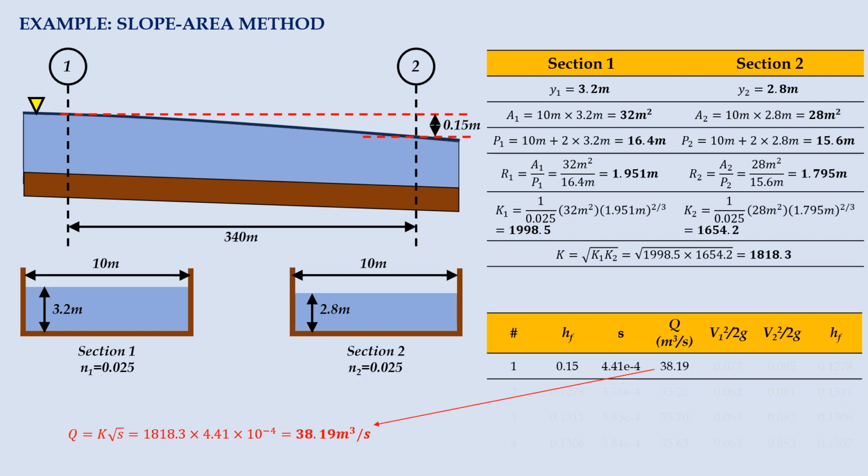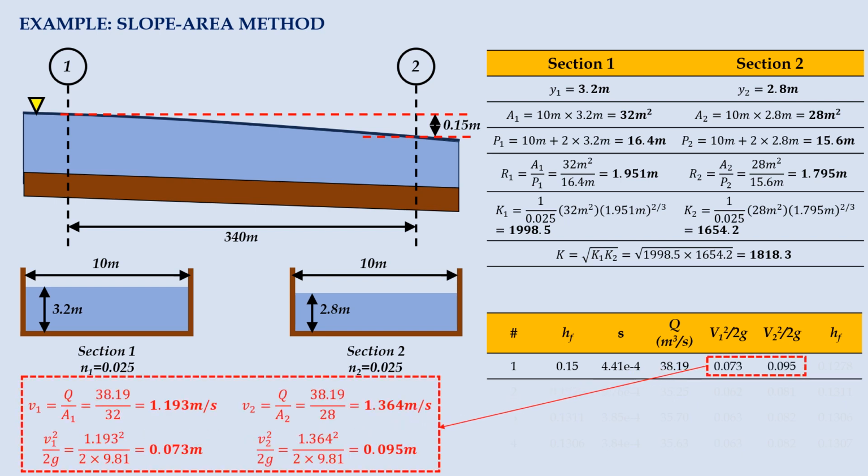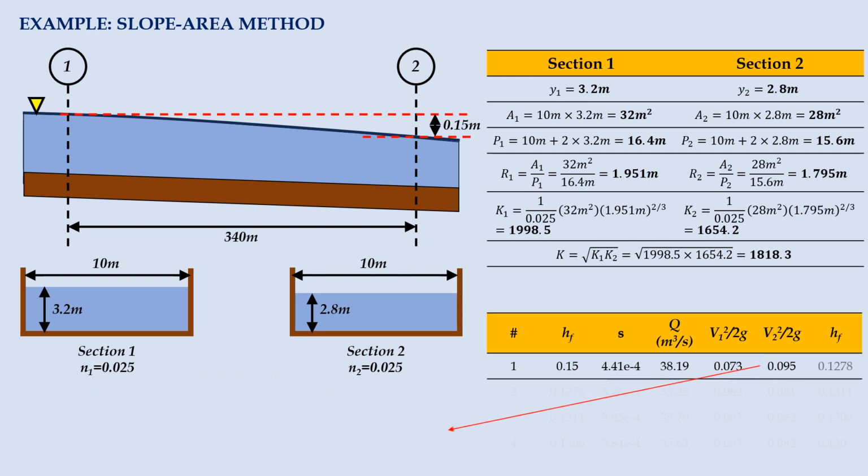The flow velocity across the section, on the other hand, is a division of discharge by the cross-sectional area of flow. The velocity heads for upstream and downstream points are therefore equal to 0.073 meter and 0.095 meter respectively. Based on Bernoulli's principle, head loss equals the summation of fall, velocity head difference, and eddy loss.